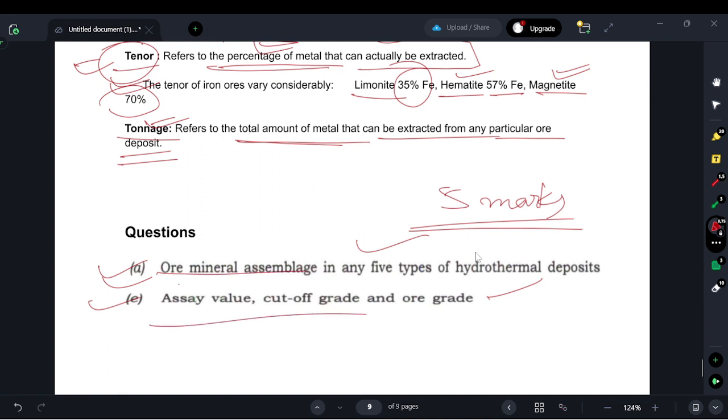The first question is the ore mineral assemblage in any 5 types of hydrothermal deposit. I have not taught you this yet, but obviously you have studied it and already have some knowledge about this topic. Whatever knowledge you have, try to write it according to 5 marks, in a 1-page answer. For the second, the economic value, cutoff grade and ore grade, write the answer in 1 page only.